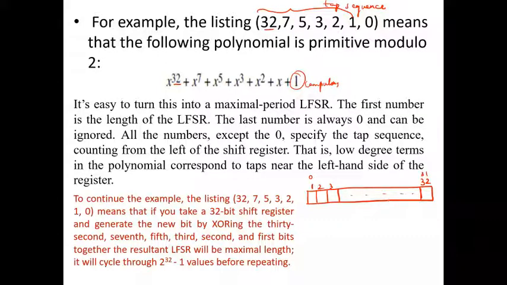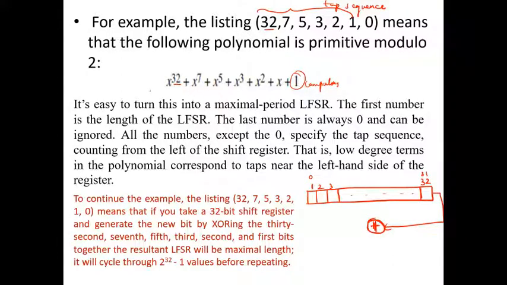Now the feedback function, how are you going to define it? I told you, you can either use a single XOR operation or single modulo 2 adder, or you can use multiple 2 input modulo 2 adders. Now tell me what should be the inputs to this adder. Let me use a single one to simplify the job. The 32nd bit should be the input.